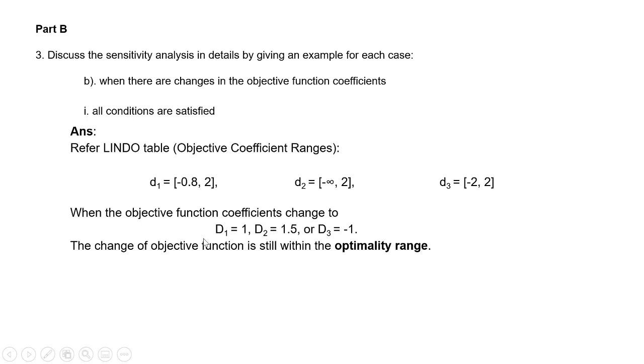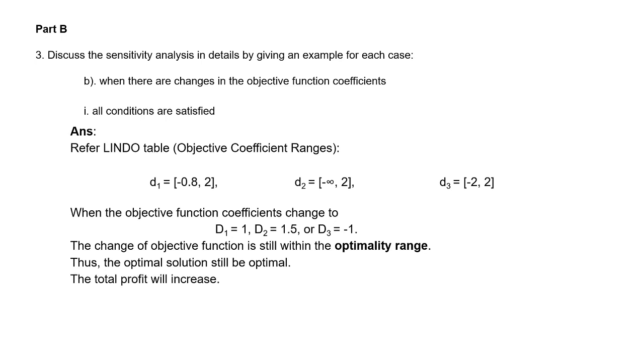As we see, for d1, the coefficient for x1, the value is still in the optimality range. Thus, the optimal solution will still be optimal. Then we can say that total profit will change with the change in the objective function coefficient.